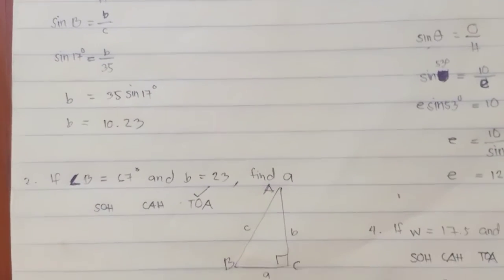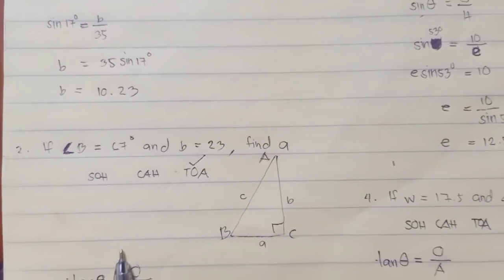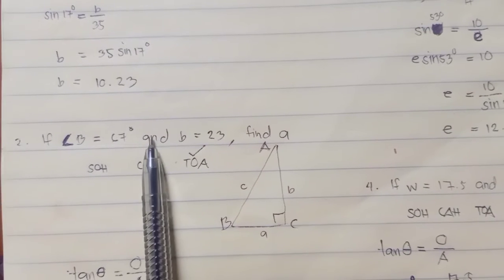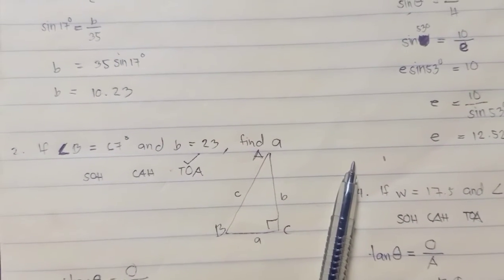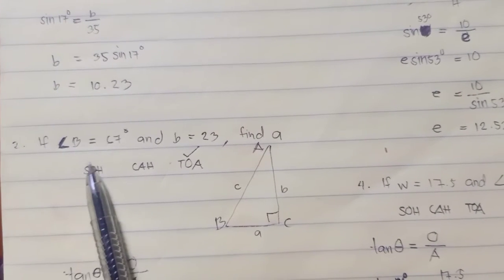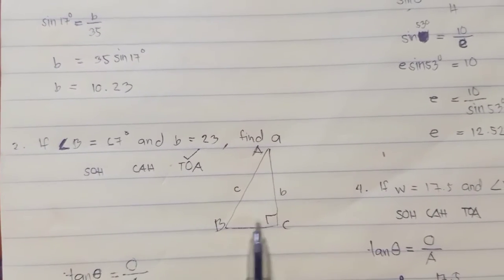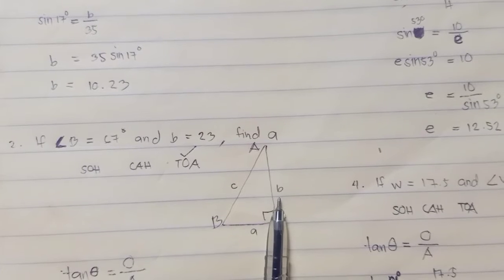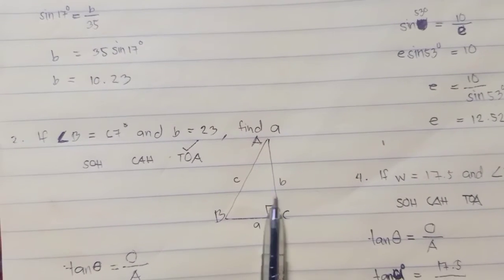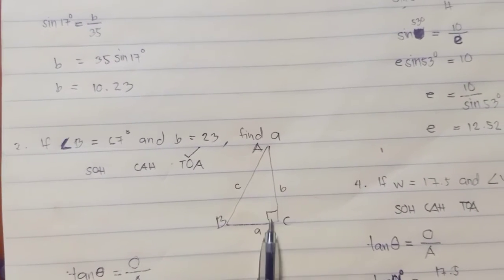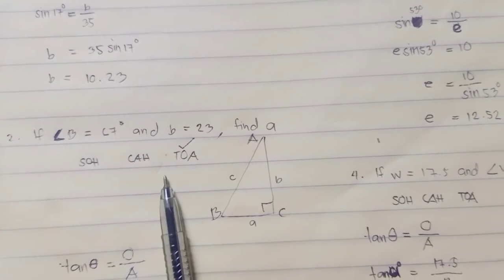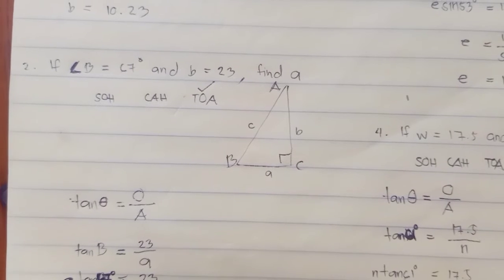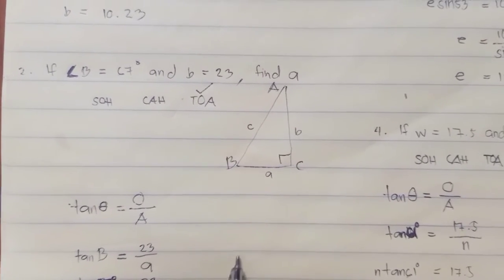Number 2: if angle B is equal to 67 degrees and b is equal to 23, find a. Our given is the reference angle 67 degrees and b, the opposite, which is 23, and we find a, the adjacent. Opposite and adjacent, so we have to use TOA. Tan theta is equal to opposite over adjacent.